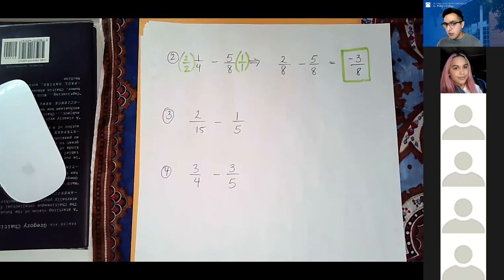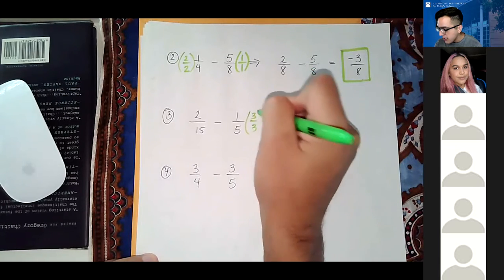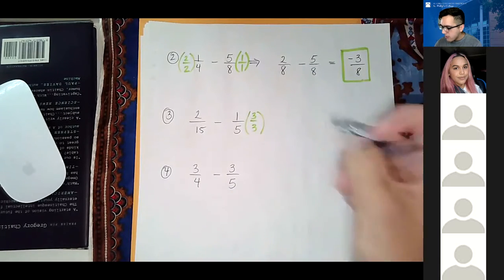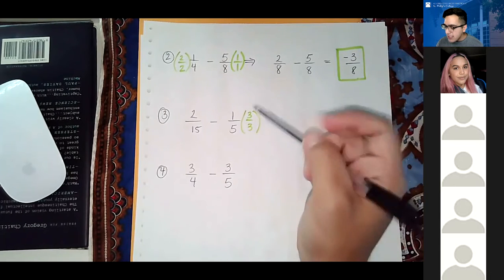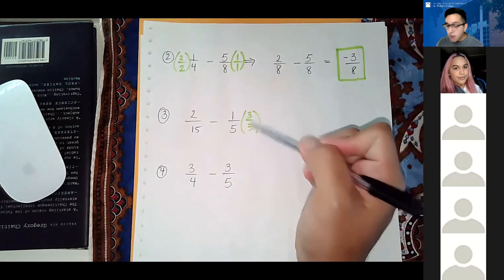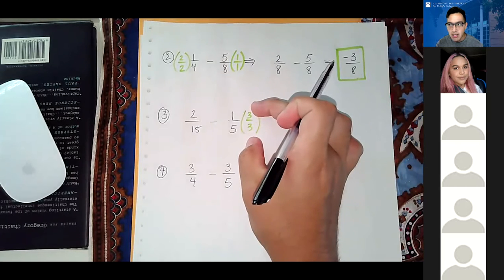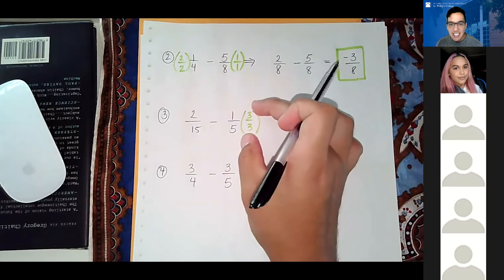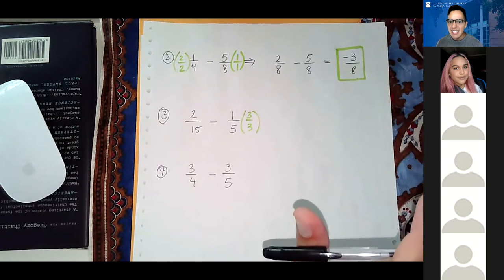Multiplying what by 3/3? Which fraction? The 1/5. Yeah, exactly. So we're going to take the 1/5 and multiply that by 3/3. You can say we are multiplying this by 3/3 because in some sense, 3/3 is just 1. And so if we multiply anything by 1, nothing changes.